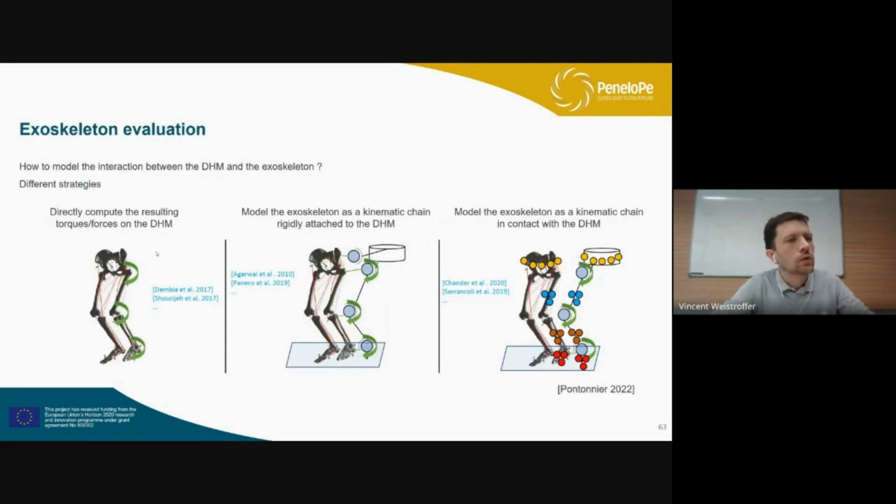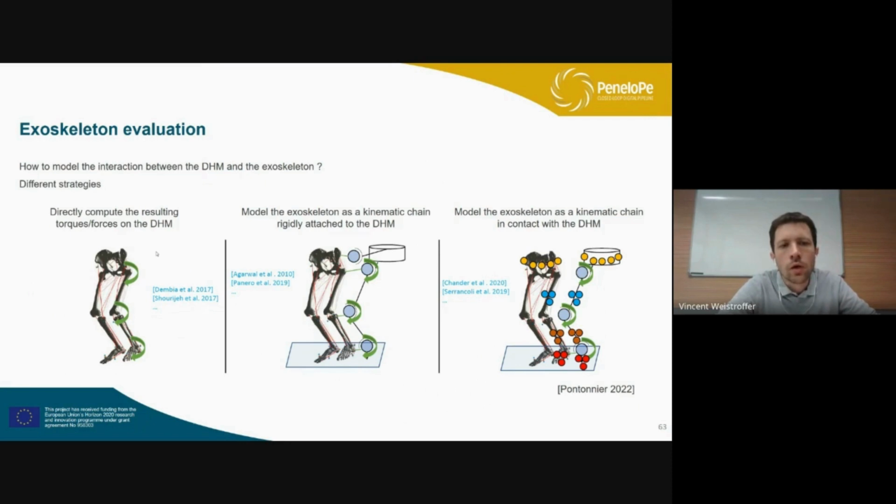Here I give you a schema from Charles Pontonnier that I like very much because it gives you different strategies on how to model the interaction between a digital human model and an exoskeleton. The idea is that you have your digital human model on one side.